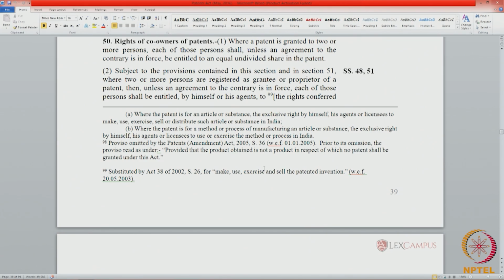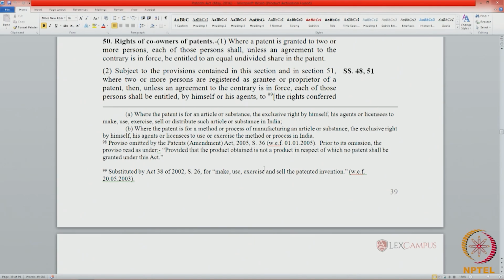So, we are looking at provisions that affect after the grant of a patent. Section 50 talks about rights of co-owners of a patent. We refer to a person as an applicant before the grant, and after the grant he is called the owner or the patentee.